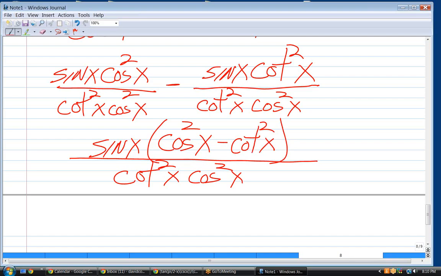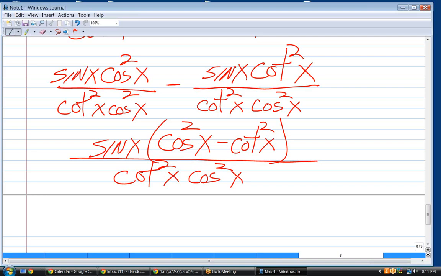What's our assignment here? To reduce this to a single trig function. Combine the fractions and write as a multiple of a power of a basic trigonometric function. Think about this for a moment.